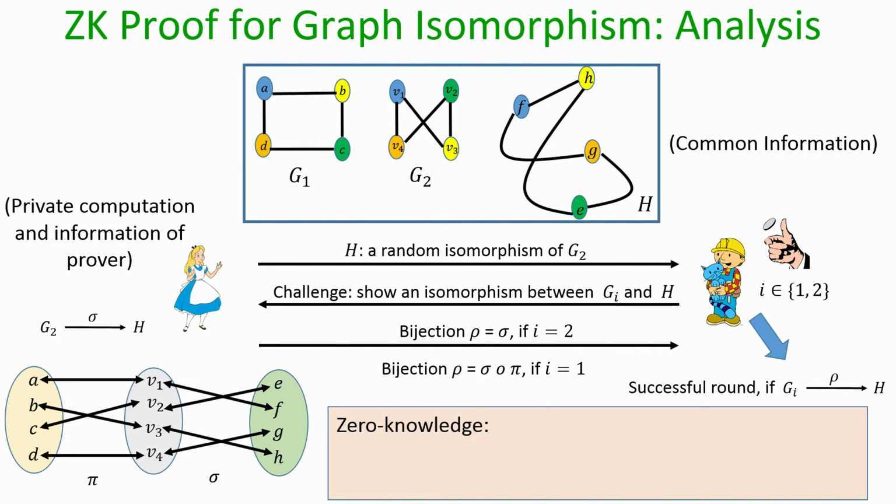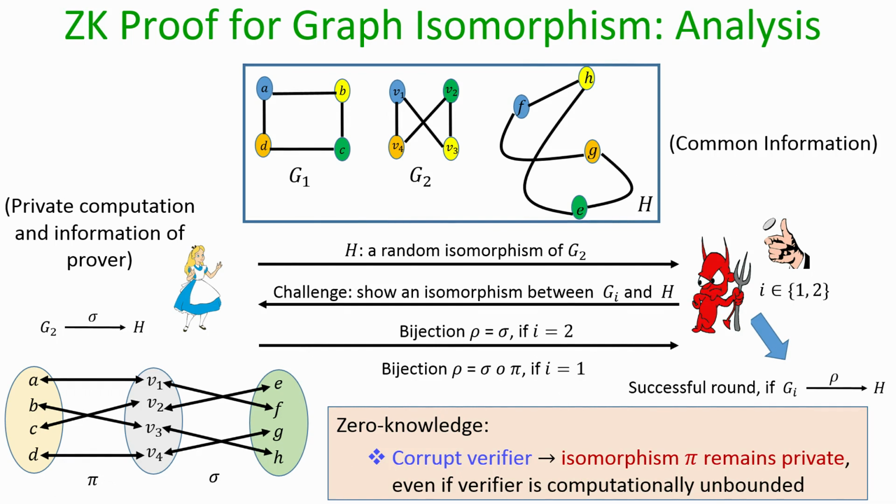Now, let us try to understand the zero knowledge property here. Remember, for zero knowledge we have to consider the case where Alice is honest and Bob, the verifier, is corrupt, and the goal of the corrupt verifier is to analyze the protocol transcript and learn the secret permutation pi which maps the graph G 1 to graph G 2, namely the isomorphism between G 1 and G 2.